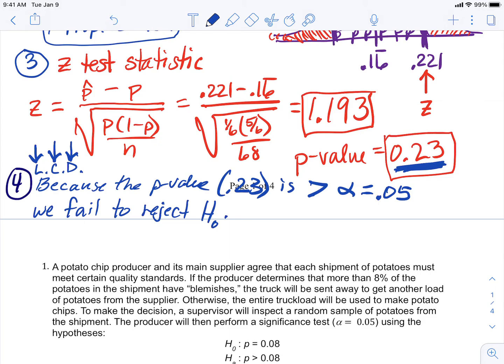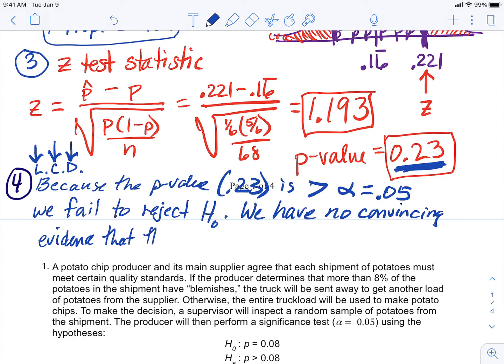What this means is we have, in this case, no convincing evidence that the proportion of 5s on this die is not 1/6.